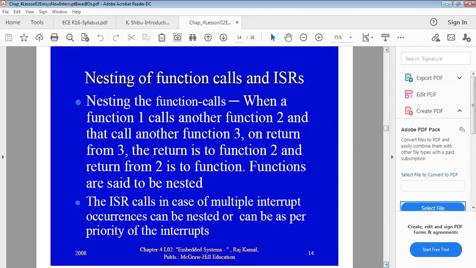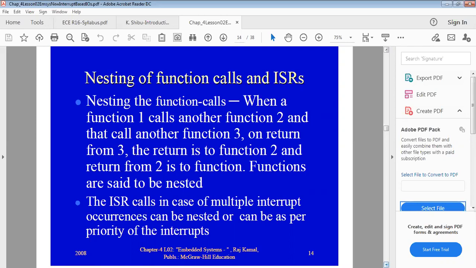See here, nesting function calls. Intentionally I am calling the subroutine function. That is the nesting of function calls: that subroutine function internally has some call functions, and that call function internally has another call function.